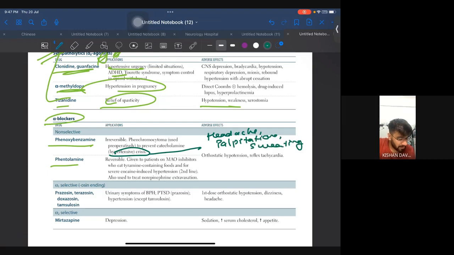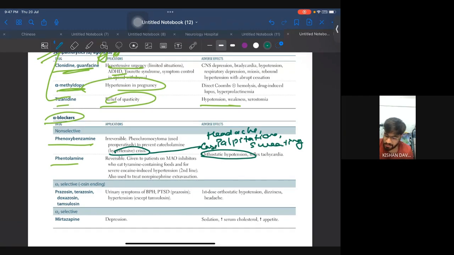Okay. Now one more thing. Orthostatic hypertension, they will give you one case. In the orthostatic hypertension, norepinephrine was given. When norepinephrine is given, there is infection or rest, most commonly seen.